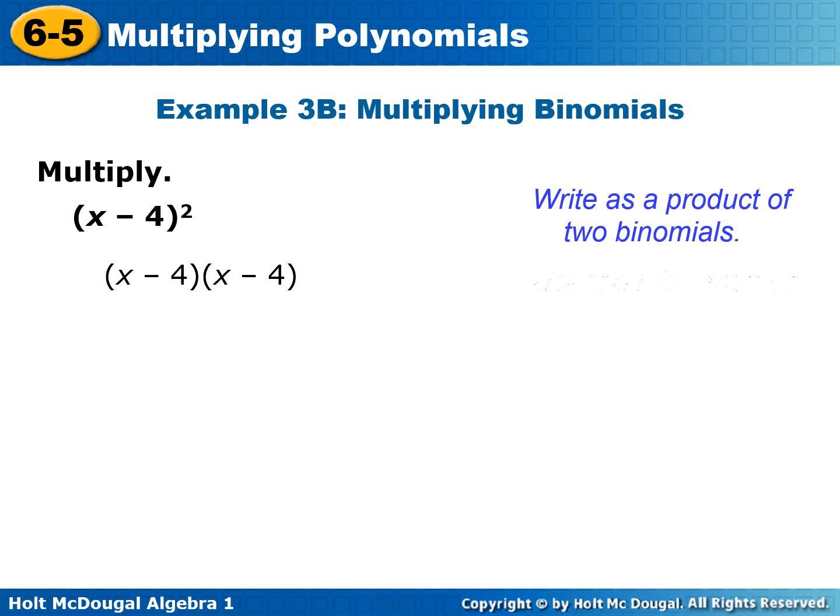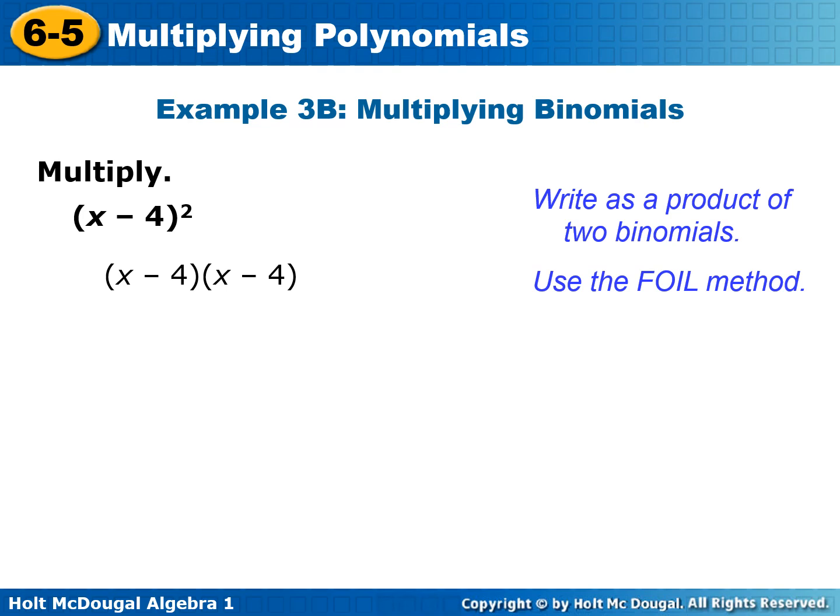Okay, and from there, we have to use the FOIL method. Remember, FOIL method is our alternative method. So if you prefer doing the distributive property, then it's fine. Or if FOIL method is way more convenient for you, then it's also fine.